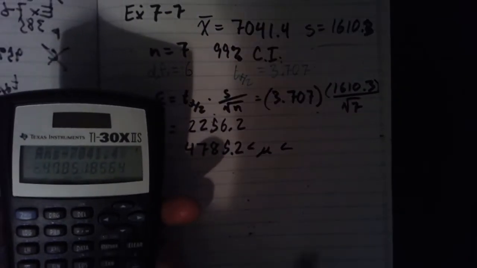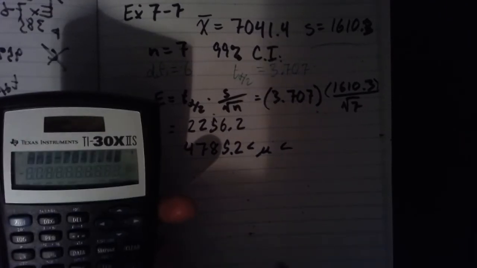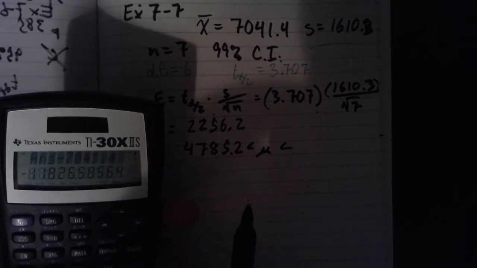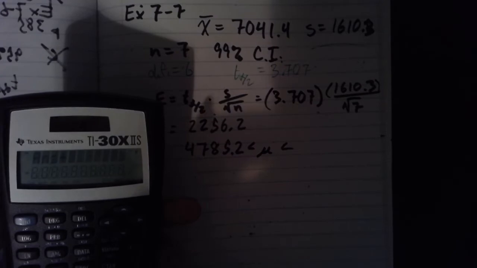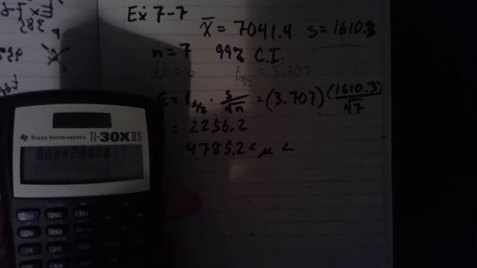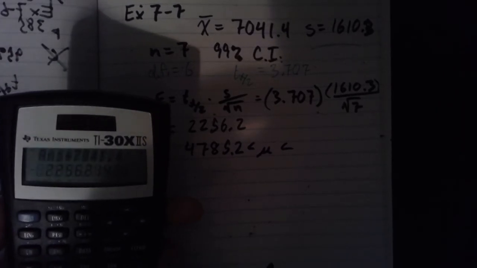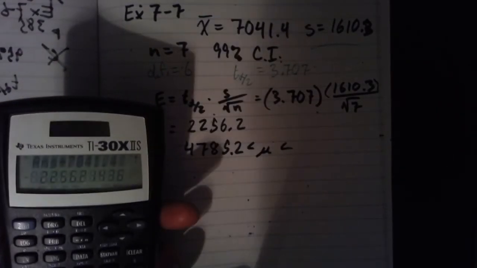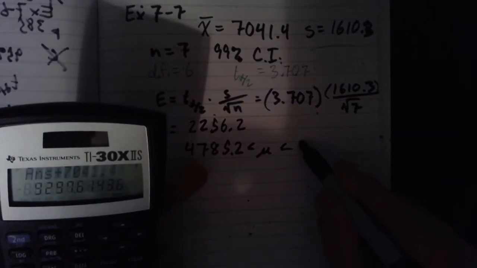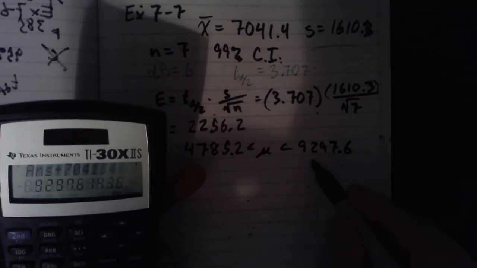And then go ahead and add 7041.4, and we've got 9,297.6.